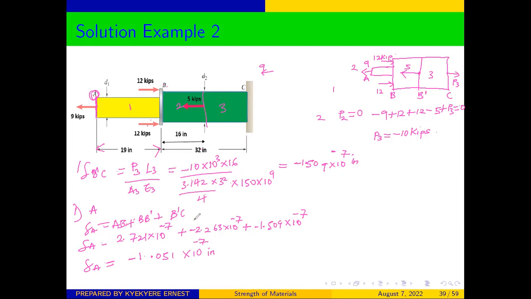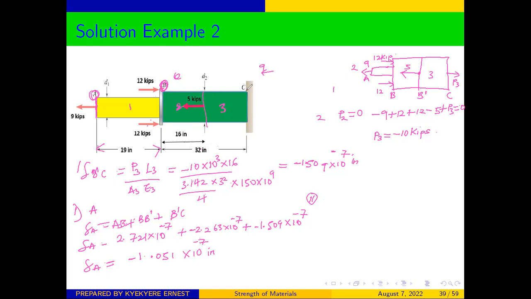Let's look at the deformation at B as well. This is point B. So the deformation at point B will only be as a result of the deformation in section 2 and the deformation in section 3.